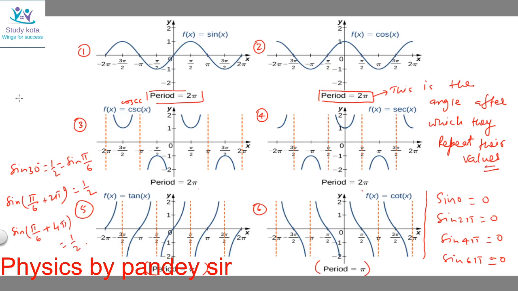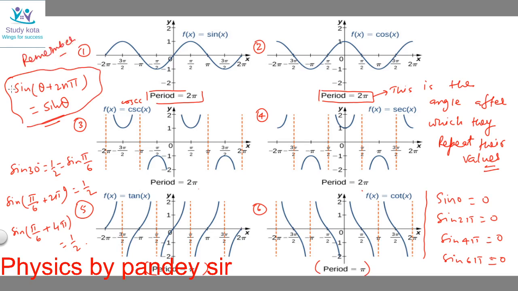What is the meaning of this? Sine theta plus 2n pi is equal to sine theta. This is the meaning of this. So you have to write this formula down and remember it forever. We will also discuss it in periodic motion.